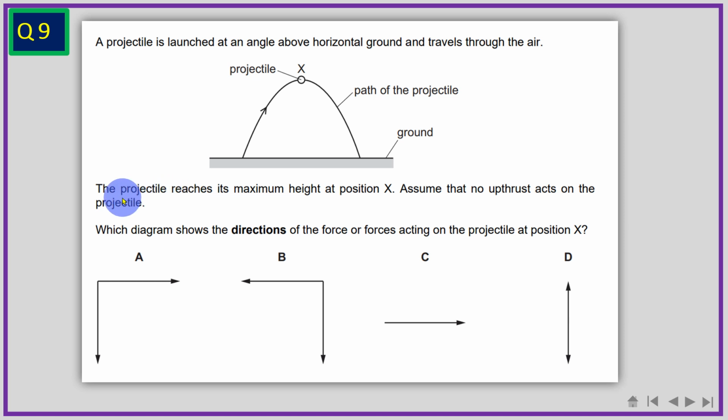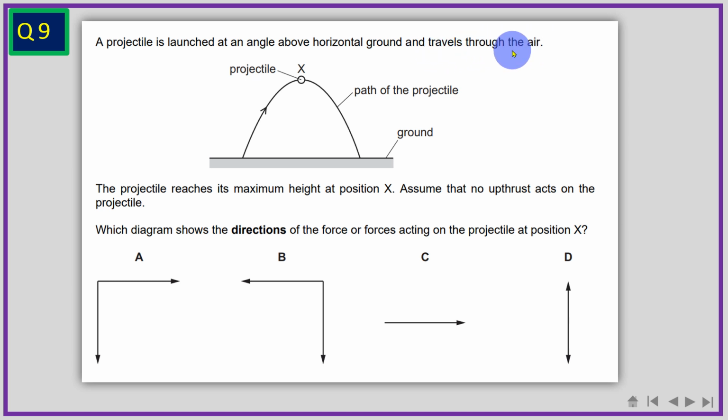What is the question? The projectile reaches its maximum height at position X. Assuming that no upthrust acts on the projectile, which diagram shows the directions of the force or forces acting on the projectile at position X? When we read the question carefully, this projectile is launched at an angle theta and travels through the air.